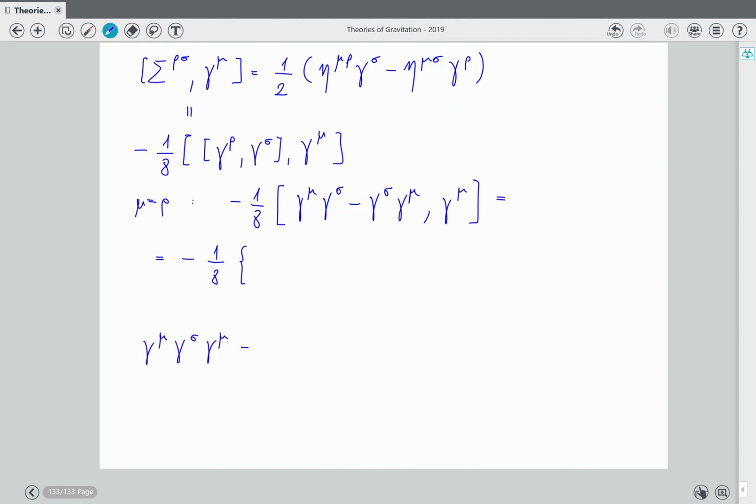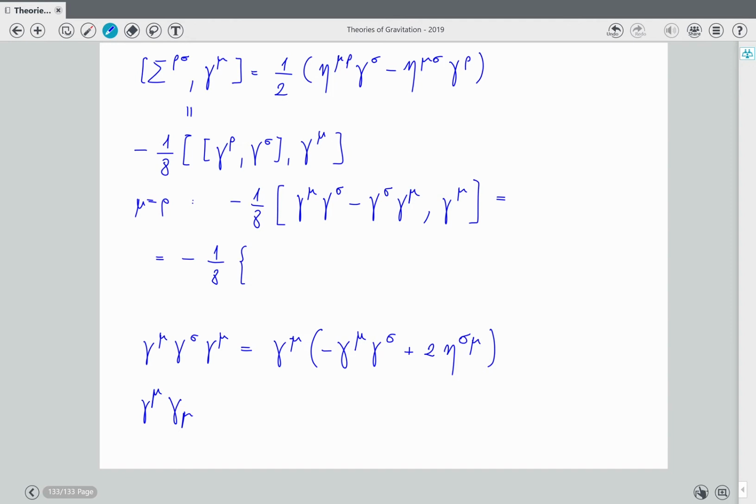So what is this? You can anti-commute by means of the Dirac algebra, and then you have sigma mu. Another property is, mu equal rho actually means that we are multiplying.